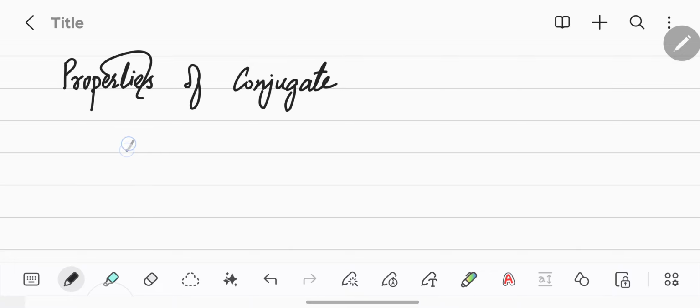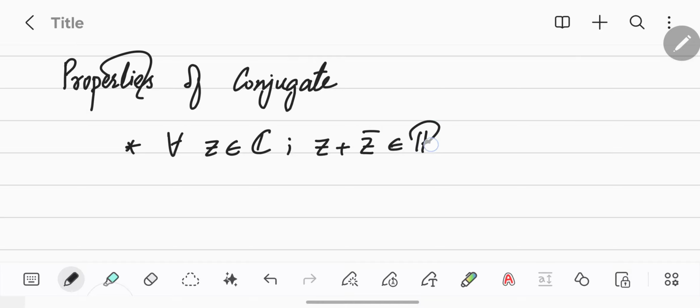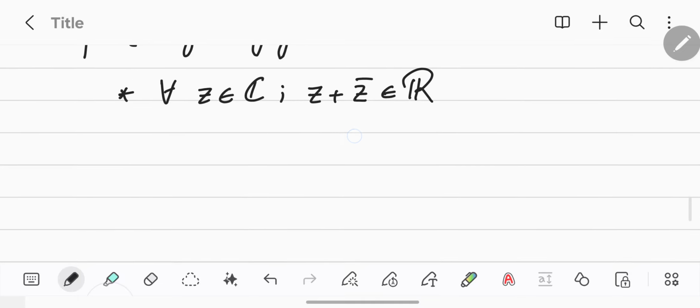The first property is, for all complex numbers Z belonging to the set of complex numbers, the sum of Z plus its conjugate is always real. So if you add any complex number to its conjugate, you will get a real number. So this is the first property.